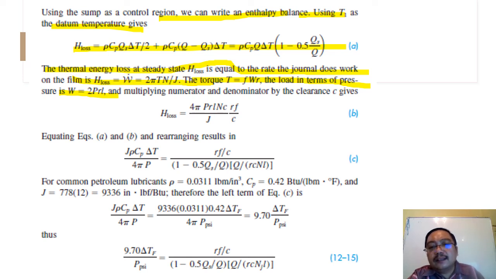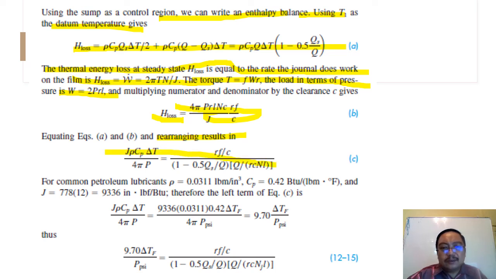And this subject also adds friction to it, so friction times force times radius. Multiplying the numerator, the increase in clearance is given by the energy loss, H loss. From equating and arranging the result, you get J, P, C P.